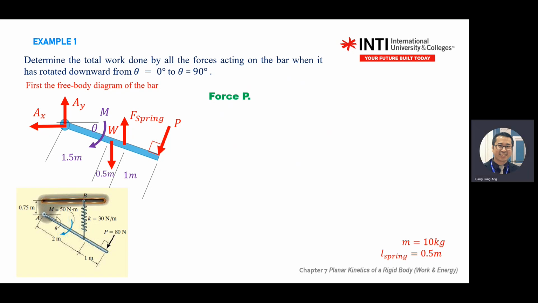Oh yeah, 3, correct. But you're calculating work, not moment. Moment, yes, P times 3 is moment. But we're not calculating moment. We're calculating work. So what is work again? The definition?